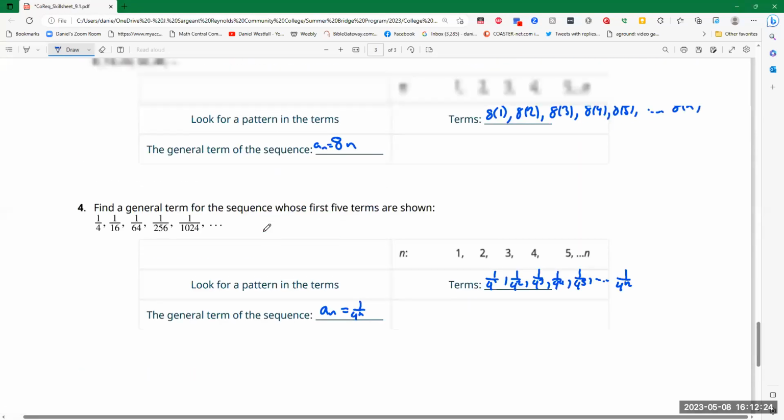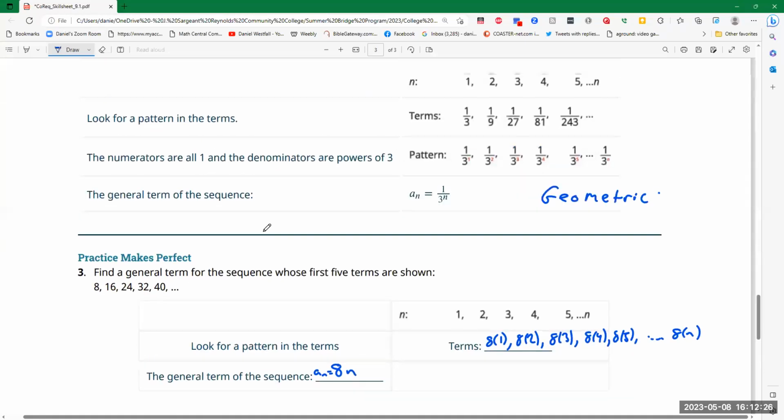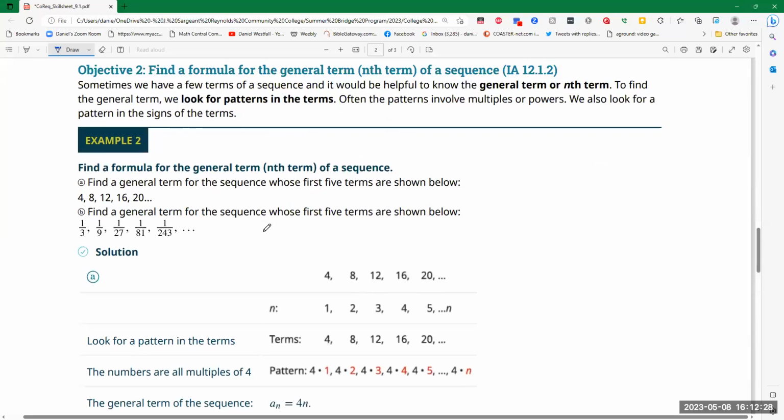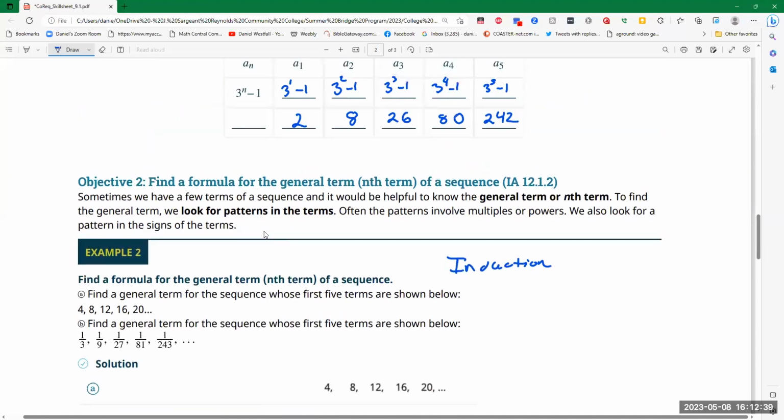So that's all for this particular worksheet. Again, the big idea is that finding the general nth term here is a form of induction, where we were given less information than what we wanted to find.